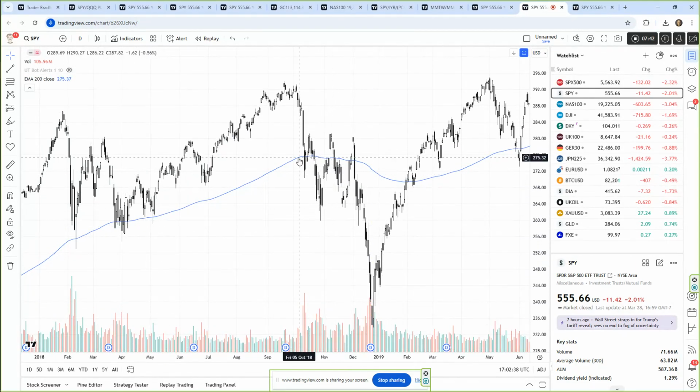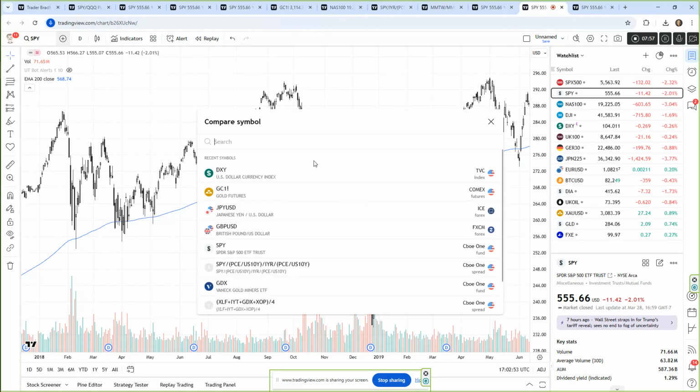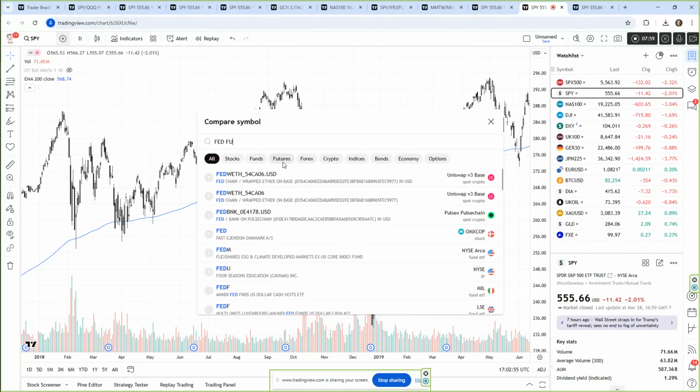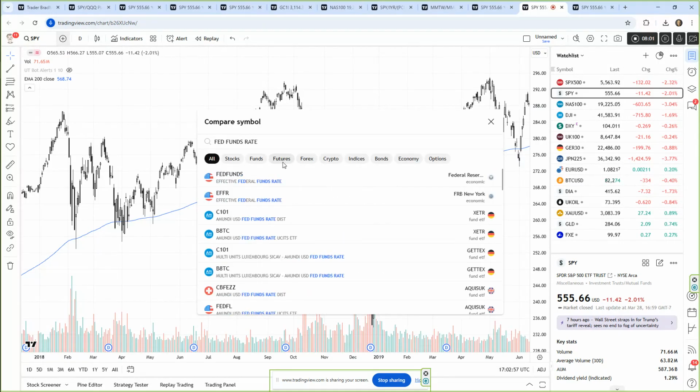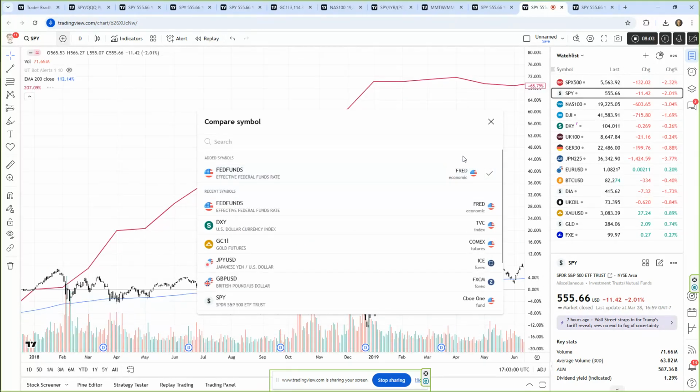And again, remember, the Fed moved. What actually happened here was the Fed raised interest rates. I think it was up to 2.5%, something like that, which is a big move. Let me come in here and add the Fed funds rate and the effective Fed funds rate.